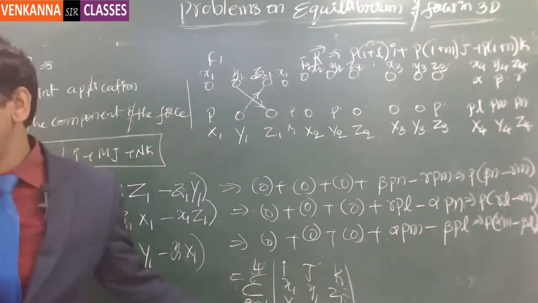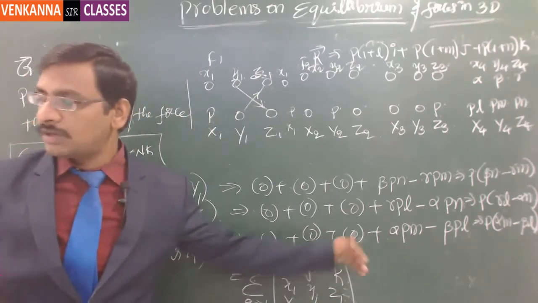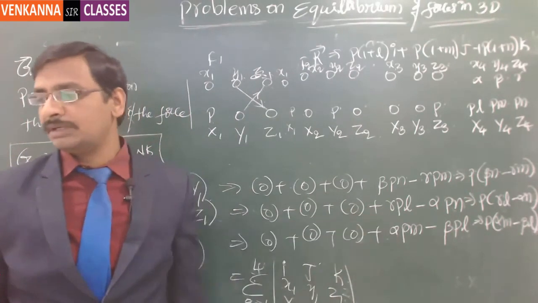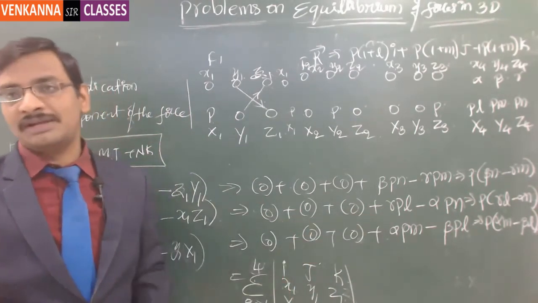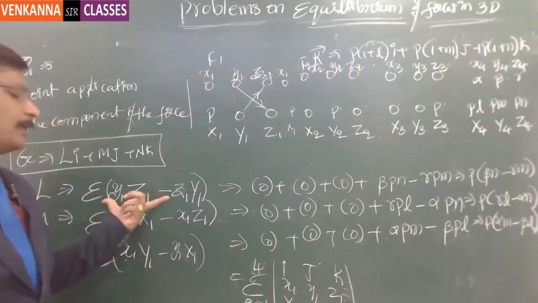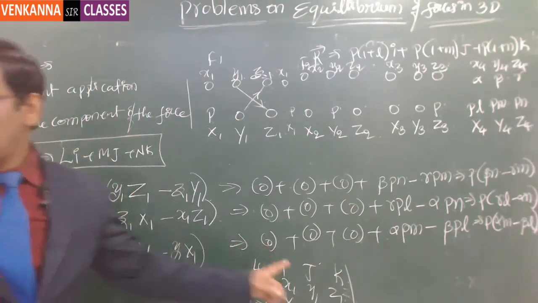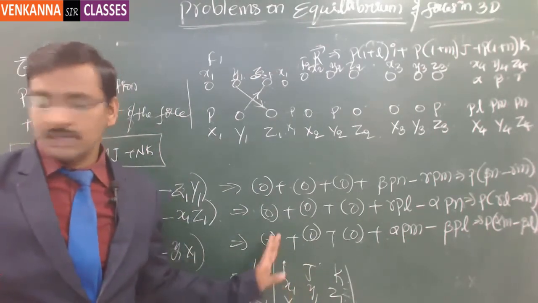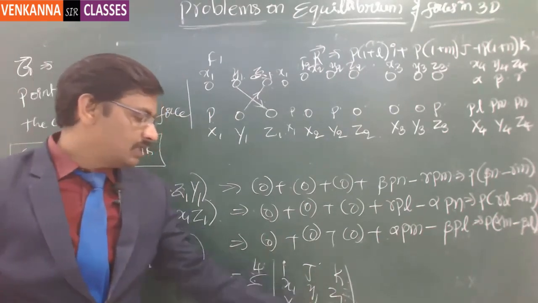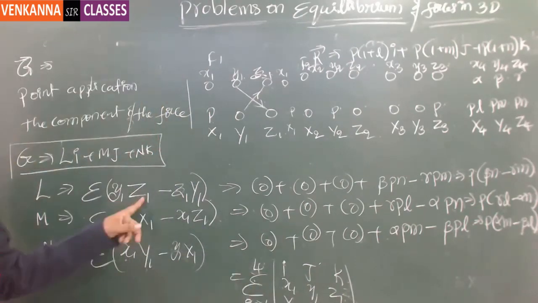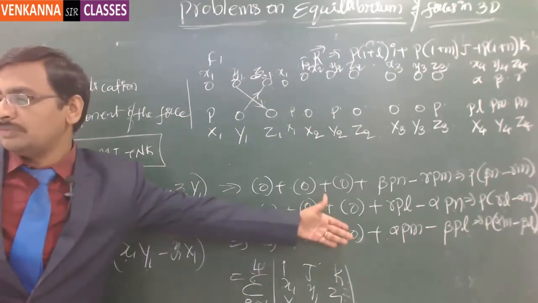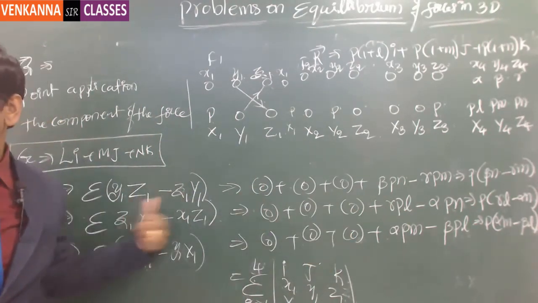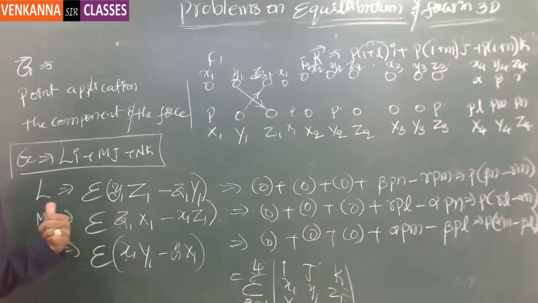Now finding each and every determinant and adding up together will be a little bit tedious process. So that's why we have simplified this entire problem statement into this particular format, wherein we have taken this calculation of I into y1 z1 minus z1 y1, and similarly for the second one, third one, fourth one, and add it up together. That part is interpreted here, and that we have treated as L.